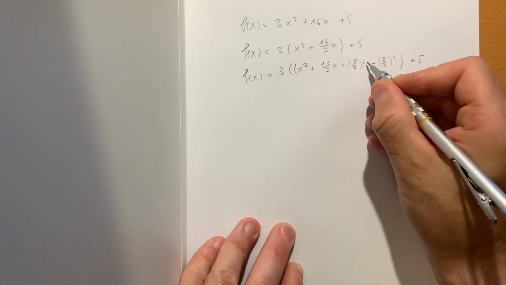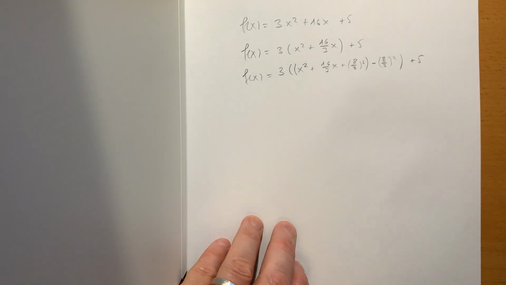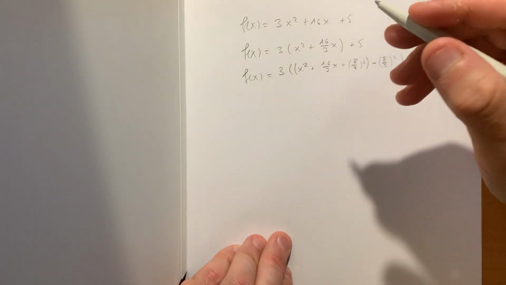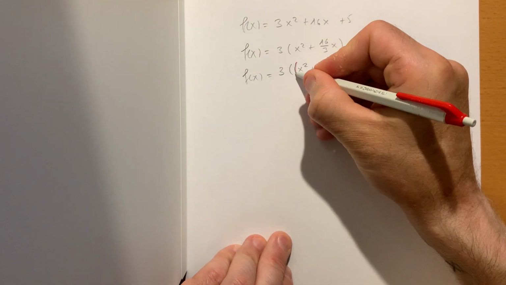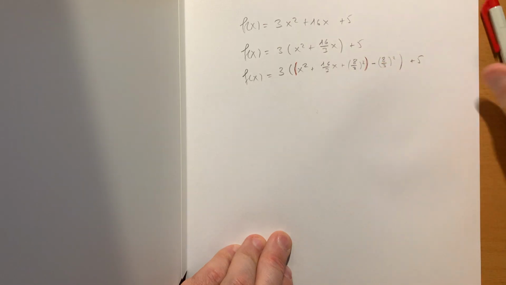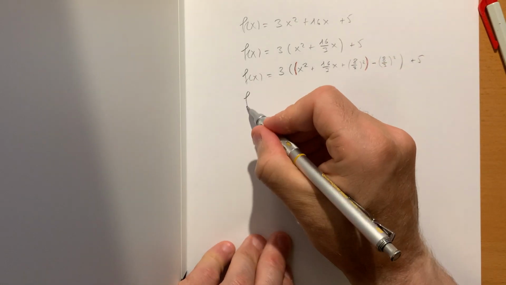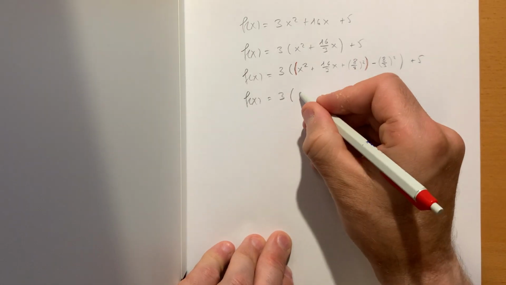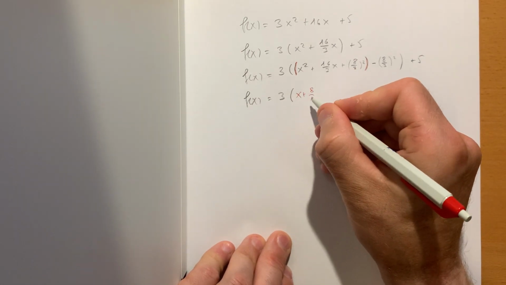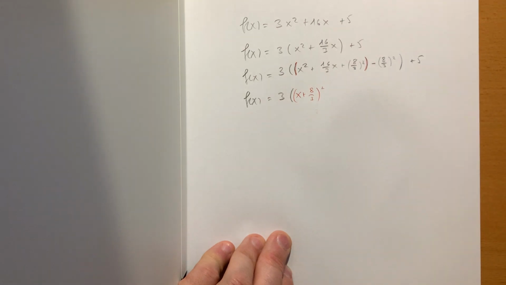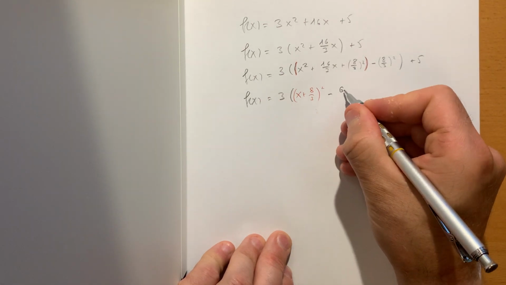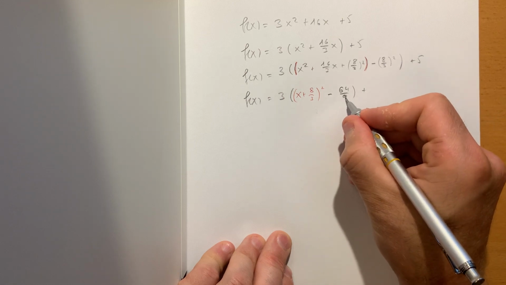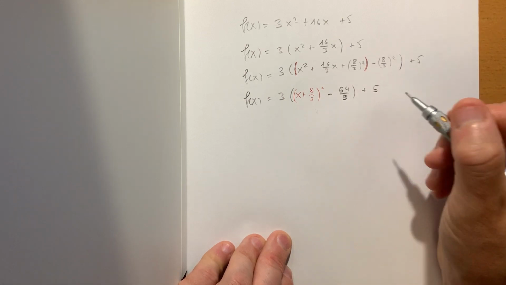Now this will be your perfect square. And you could highlight this in red, so that you can differentiate the two. Now f of x is 3 times x plus 8 thirds squared minus 64 ninths, plus 5.